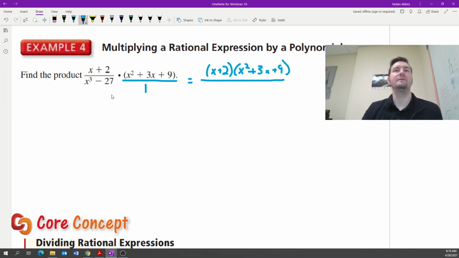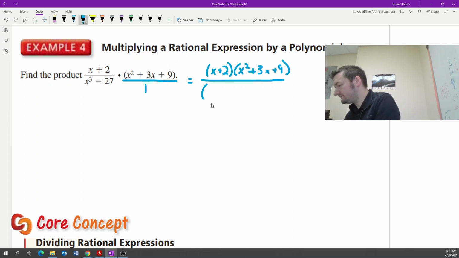And then in the denominator, we have this x cubed minus 27. So remember when you factor a difference of cubes, you could go back a few chapters ago to when we did this, but there's a pattern for it. Let me make sure that I am telling you correctly.